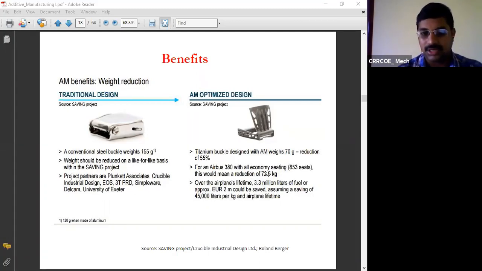So again, for the Airbus 380, they have already reduced 72.5 kgs by implementing the new additive manufacturing design.